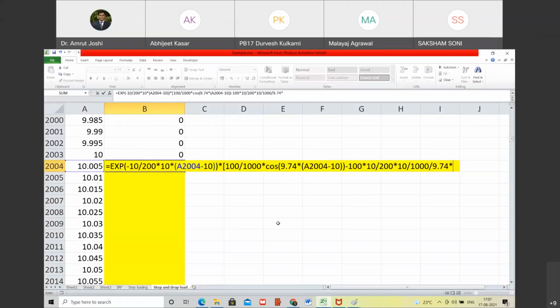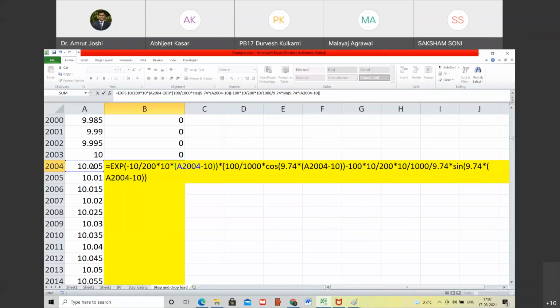This multiplied by sine of omega d, so sine in bracket omega d is 9.74 multiplied by in bracket t minus t1, t1 is 10 in the first case.